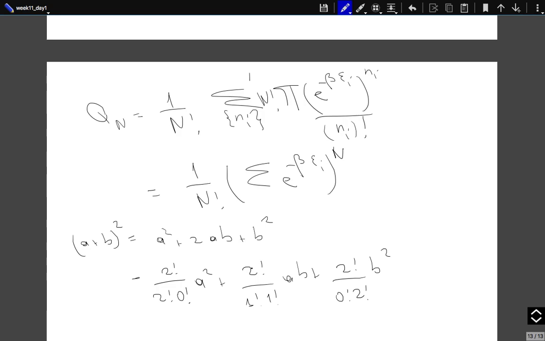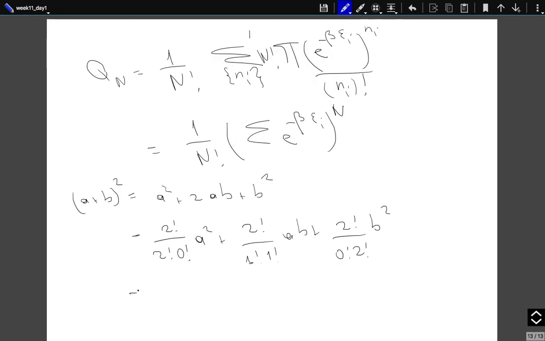Well, let's go back. Everything has that 2 factorial. In the general case, it will be n factorial. And I have the products of various terms. Here the terms are a and b. Let me rewrite it slightly differently.